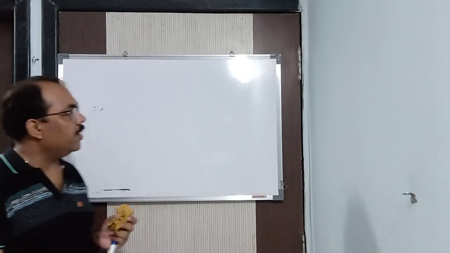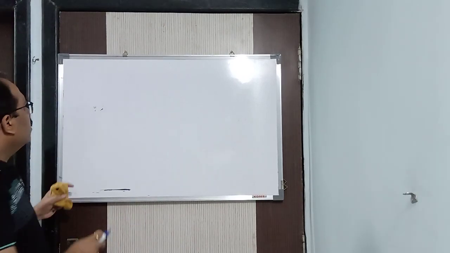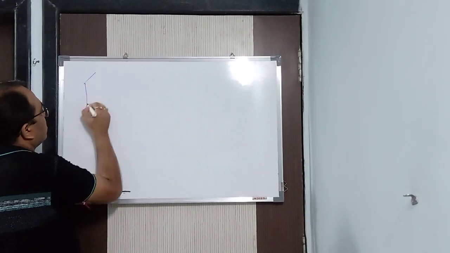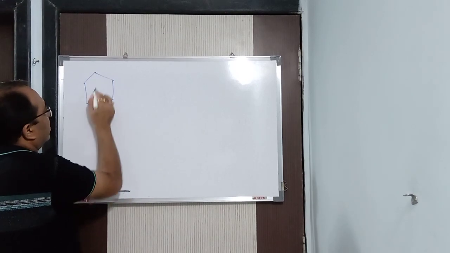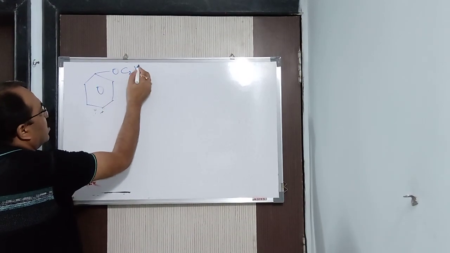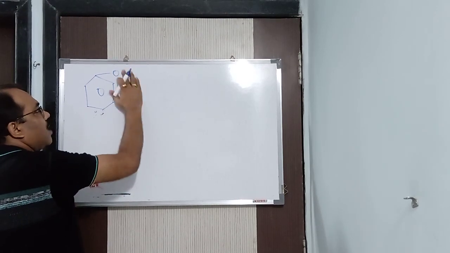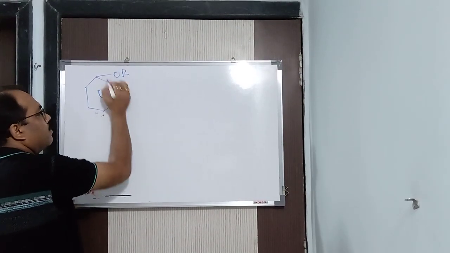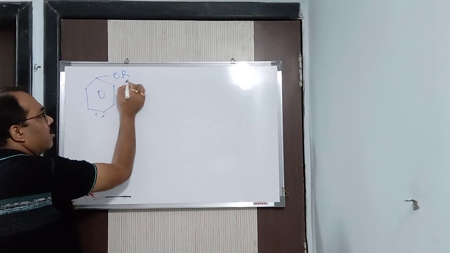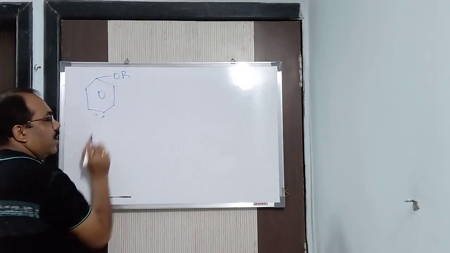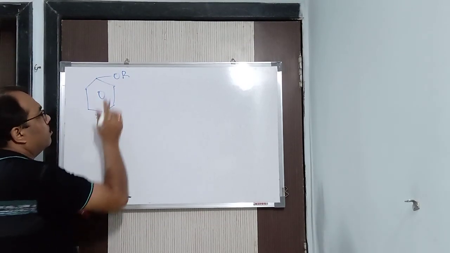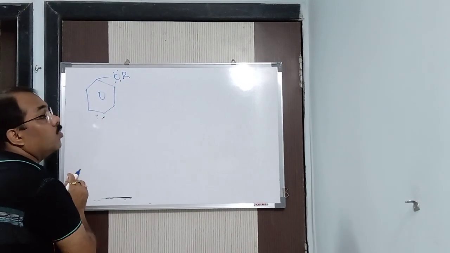Clear now? Now let me come to the electrophilic substitution reaction. In electrophilic substitution, the group attached to the benzene ring, OCH3 or OC2H5, means an alkyl group R is there. This particular group OR is an electron donor group.